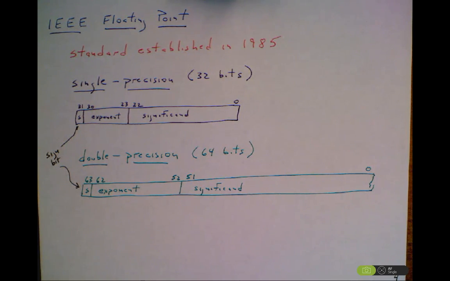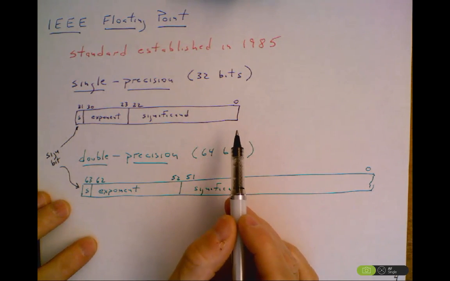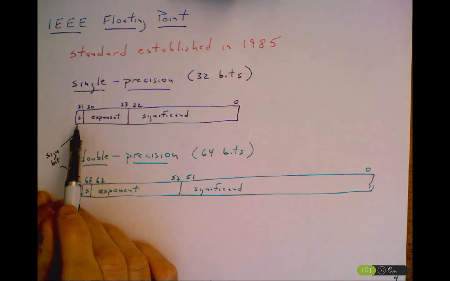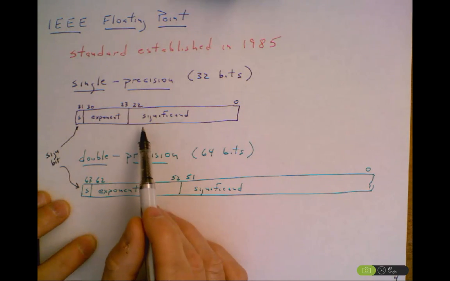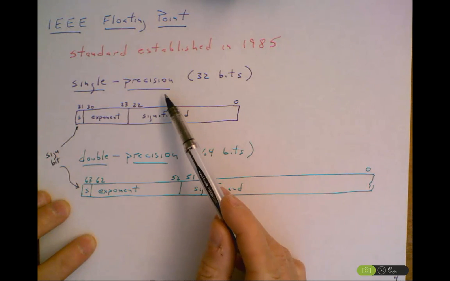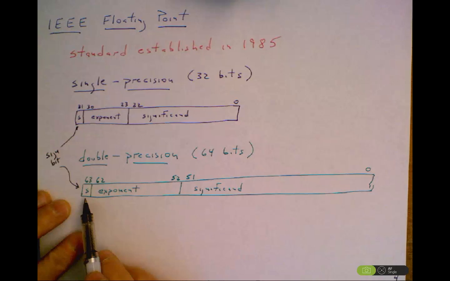And it provides for two basic formats of different lengths, right? There's a 32-bit format, and it allocates the bits to the three components. A sign bit on the top, 8 bits of exponent, and 23 bits of significand for the single precision case. For the double precision case, again, there's a sign bit on the top.